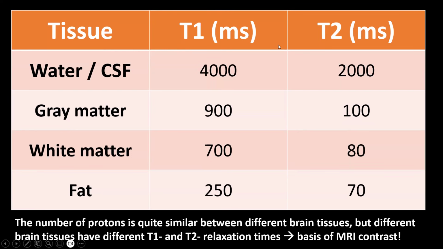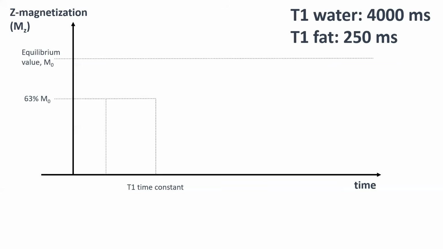Look at the T1 relaxation time of water and fat, for instance. There's a huge difference there. So if we were to create an MRI image emphasizing the difference in the T1 relaxation time, we should be able to see a lot of difference between water and fat. How do we do that? We're going to work further upon this example. Here we have the T1 relaxation time of water and fat.